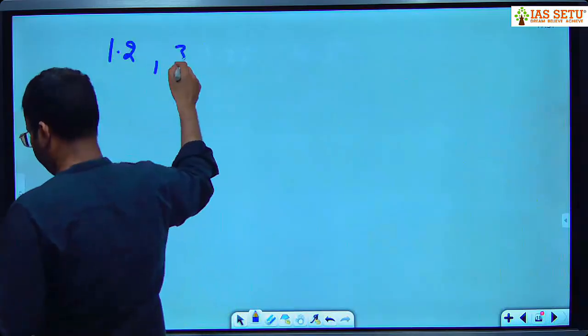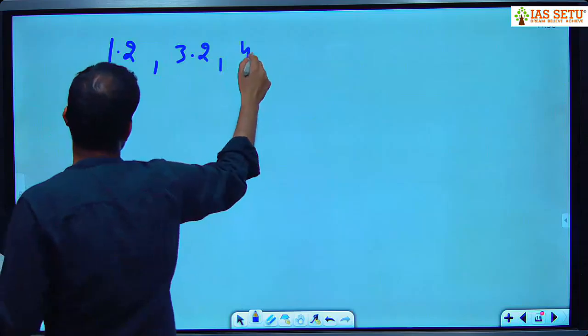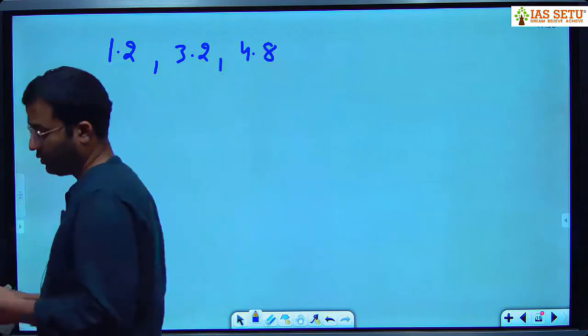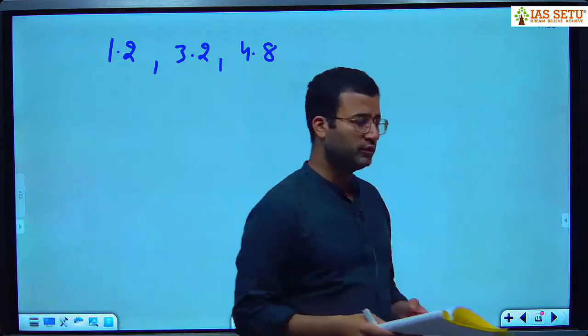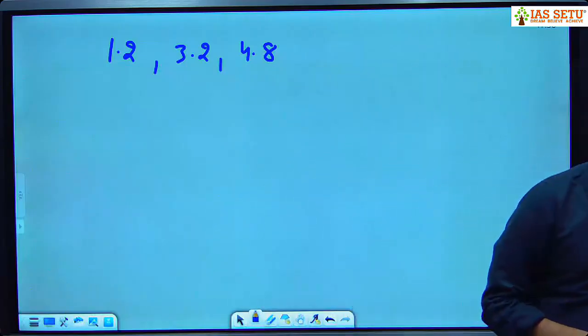1.2, 3.2, 4.8. Find the LCM of this decimal.